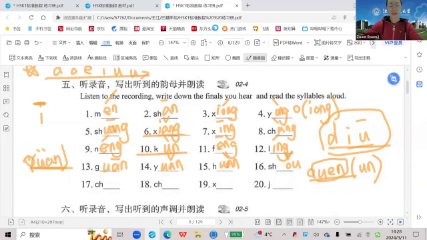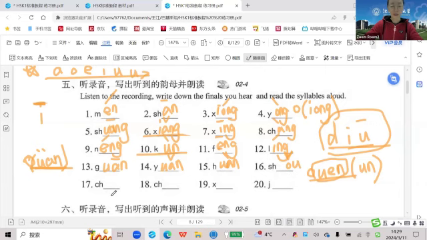Okay, let's go on. Number 17. 船. Some students respond so quickly. The other students. Okay, right. So the final is uan, same as number 13.